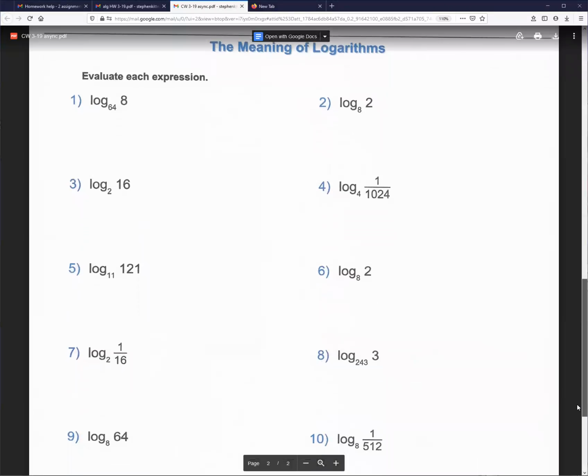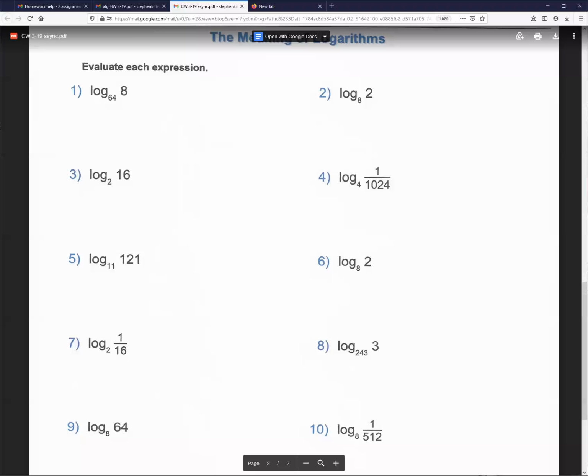And now we have evaluate. Okay, so evaluate, that's going to be a case where we don't know what the value is, so we're going to try to solve it. Now, I've seen questions like this before, and they're always rigged to work out nicely. So even though we could type these into a calculator, hit log base box of box, put a 64 here and an 8 here, and the calculator will spit out an answer of 2.